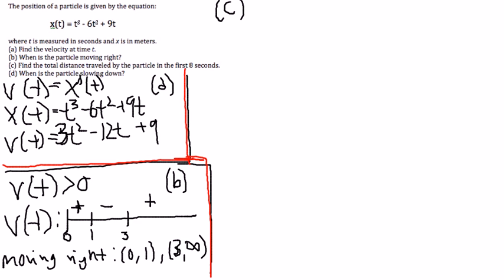So the first interval we're going to look at is x of 8 minus x of 3. The next interval will be between x of 3 and x of 1.